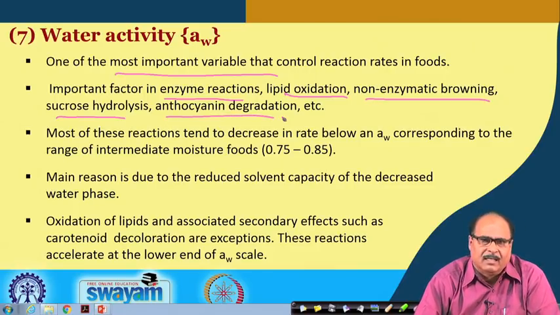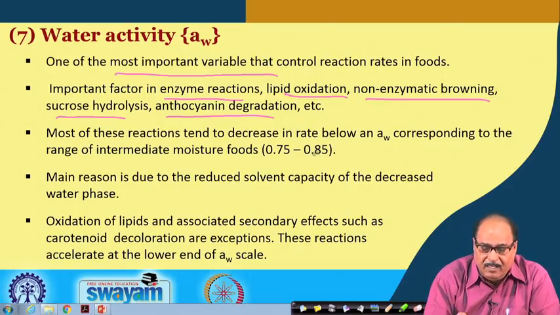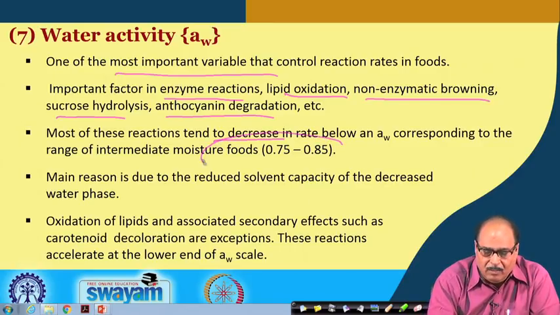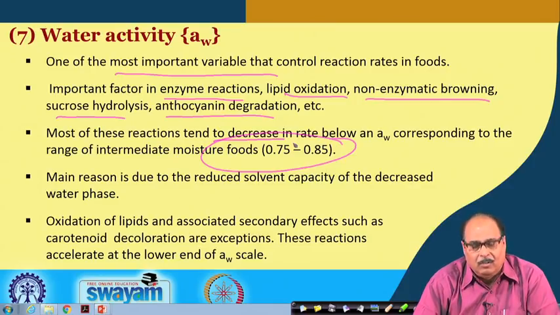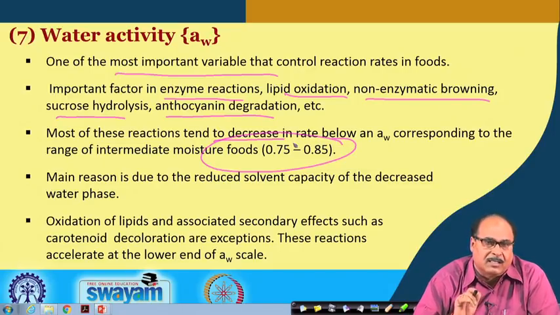Almost all reactions are influenced by water, and most of these reactions proceed at the lowest possible rate over the water activity of the intermediate moisture food, that is 0.75 to 0.85. So, to minimize these processes, water activity should be brought to 0.75 to 0.85.